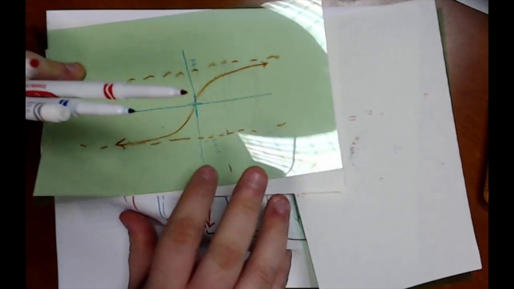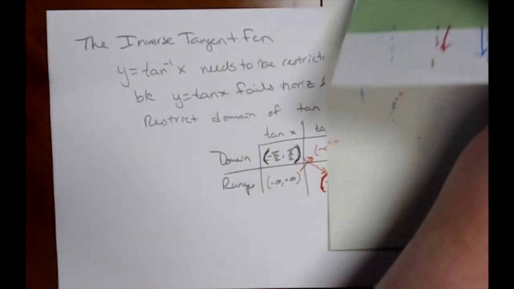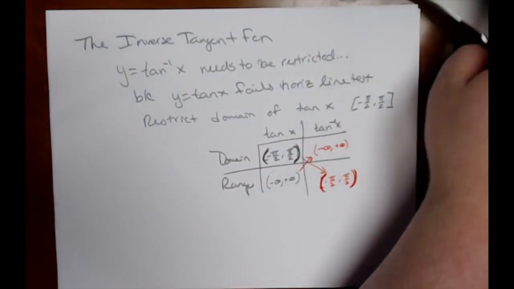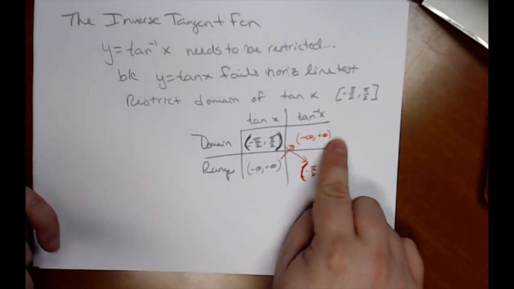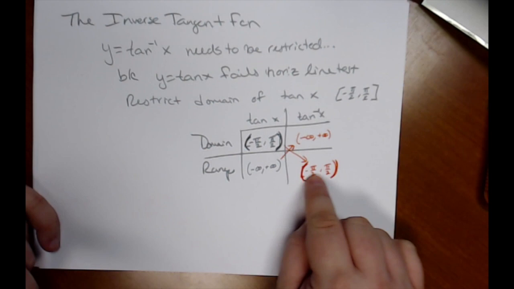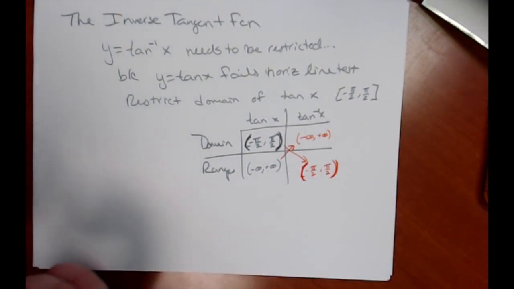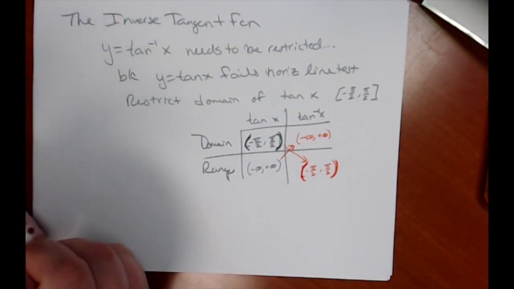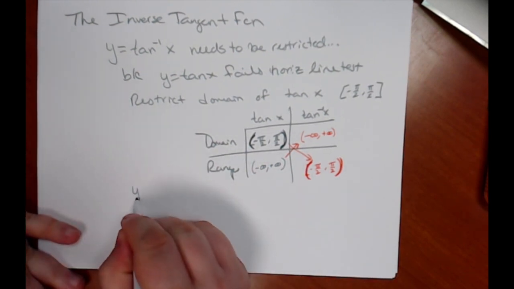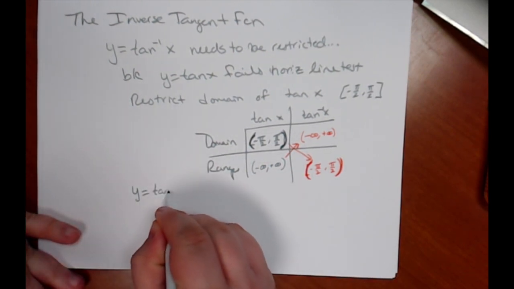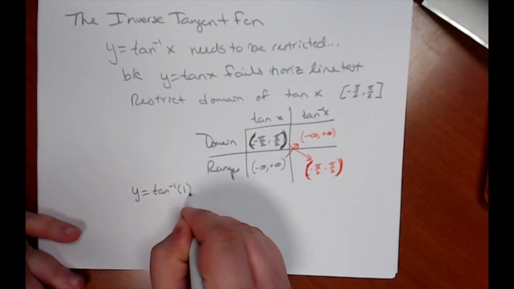So let me go back to working with our function directly. So we know that our domain of arctangent can take any real number, and it'll map it onto the range, negative pi over 2, pi over 2. So if we look at a couple examples there, say we have y equals tangent inverse of 1.